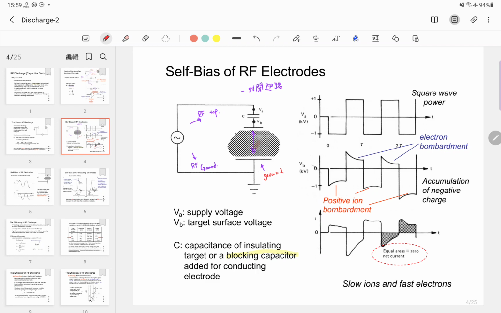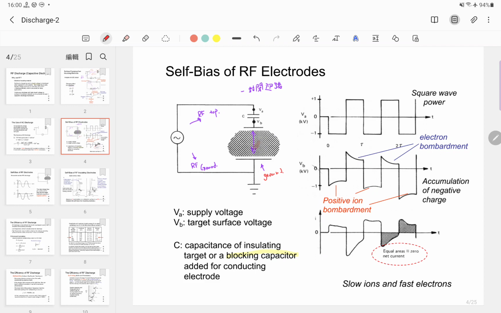From the power output to the matching network, there is a large capacitor, and this capacitor is called the blocking capacitor. If both electrodes are conducting, one needs to place a blocking capacitor in the circuit to generate capacitive discharge.